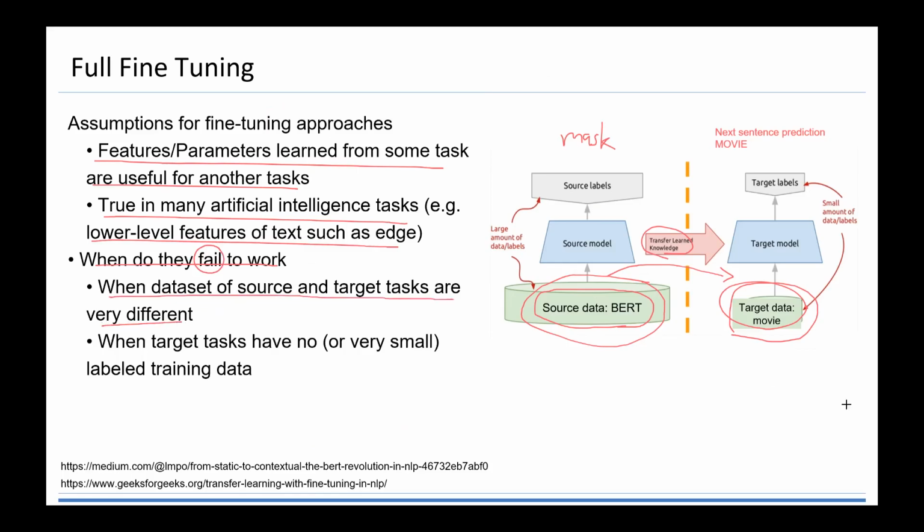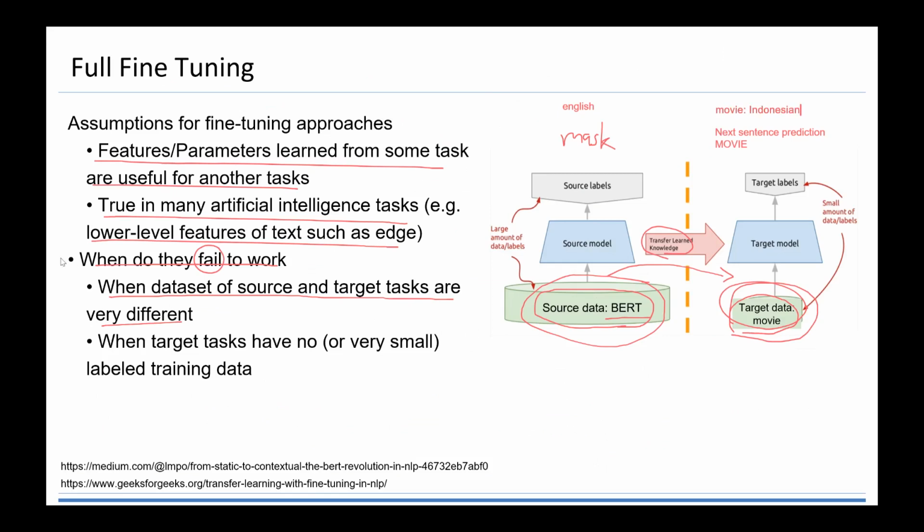Let's say BERT is mostly English, and I want to do next sentence prediction for movies using the Indonesian language. Because it's totally different, transfer learning cannot work well.